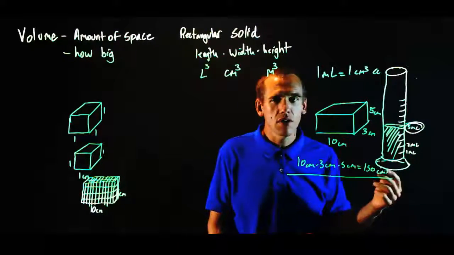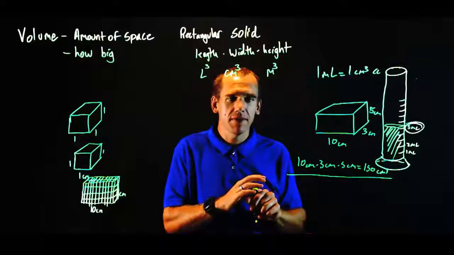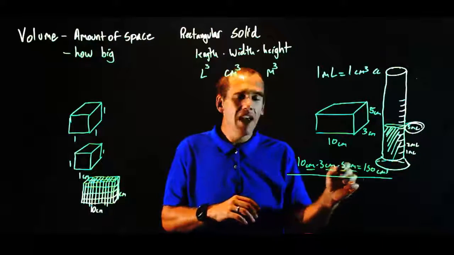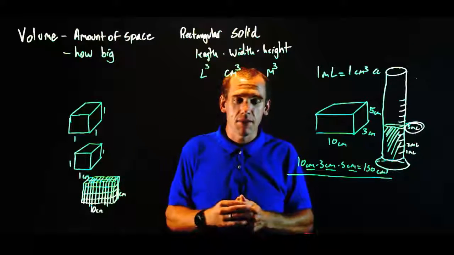So don't make this harder than it is. It's pretty straightforward math, right? We're just multiplying a few numbers together. Keep track of your units and understand that volume is describing an amount of space that something occupies.